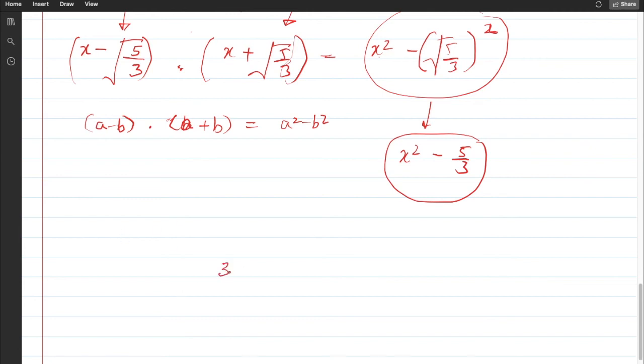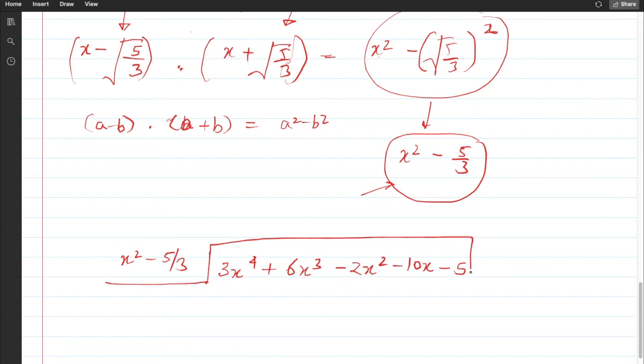The bigger equation was 3x^4 plus 6x cube minus 2x square minus 10x minus 5. You need to divide it by x square minus 5 by 3, the expression that you just got. If you divide it like this, then whatever quotient you get after the division will provide you another 2 roots, and that will be your answer.